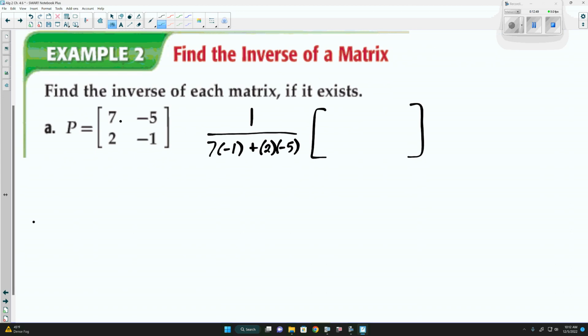So that means for us, 7 and negative 1 switch places. So our top left number is negative 1. Our bottom right number is 7. They flip. The other two numbers change signs. Since the number in the top right is negative 5, it's now going to become positive 5. The number in the bottom left was positive 2, so it's now negative 2.